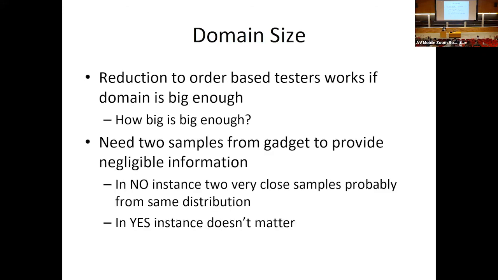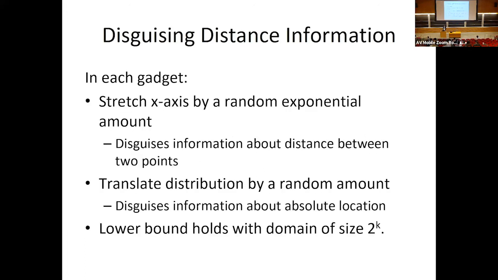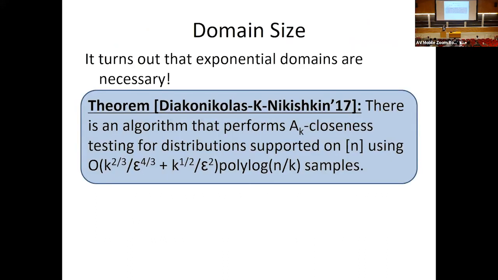I'm not going to go into too much detail, but basically you want a construction where your gadgets are such that you can't learn any information from the location of the points, only the orders help. And there is a way, by applying random affine transformations, to make that happen, as long as the domain size is at least exponential in K. And this is a little weird, but it turns out it's actually necessary.